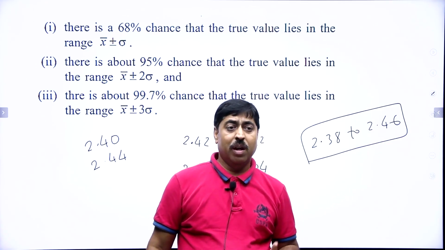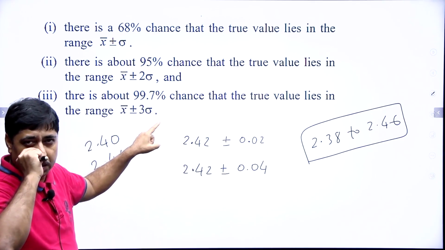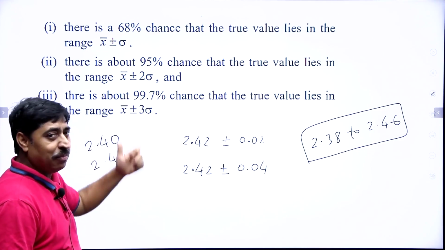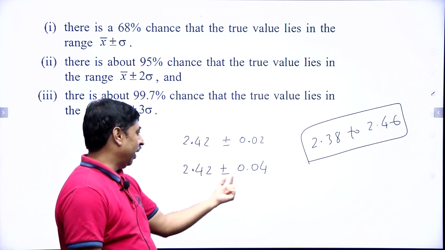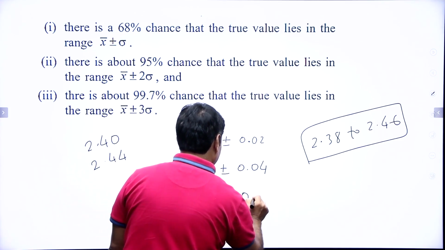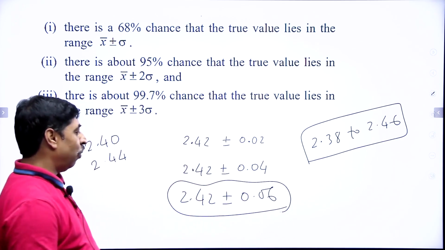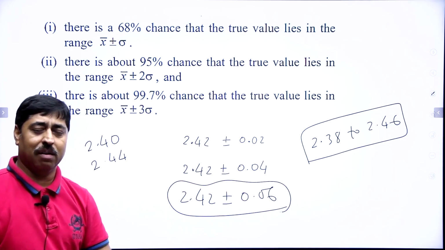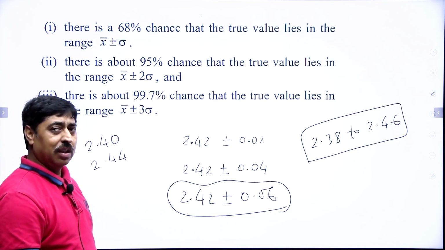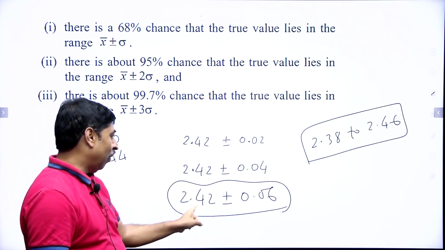And if you take 3 sigma as the uncertainty rather than sigma or 2 sigma, that means 2.42 plus minus 0.06, then I can say that I am 99.7% confident. My confidence level is 99.7% that if you take a random measurement of this diameter, it will fall in this range.